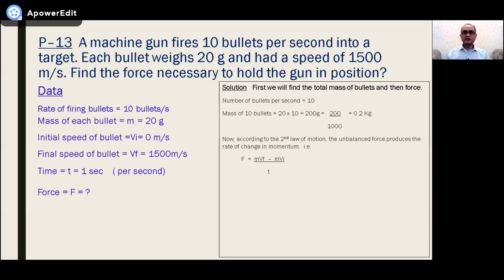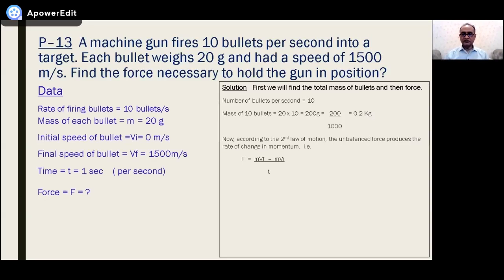Mass into final velocity. What is the change in momentum? mvf minus mvi. And what is the rate of change of momentum? Rate means with respect to time. So mvf minus mvi upon t. This change in momentum is due to some force. So you can see on the screen the formula.